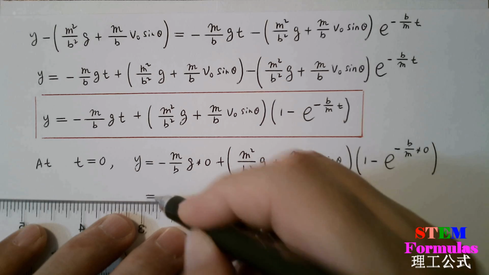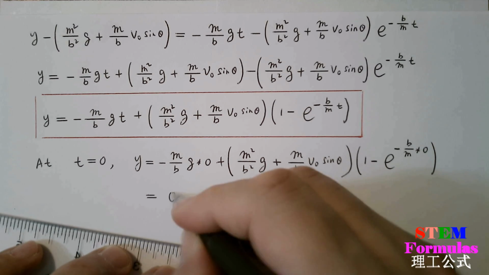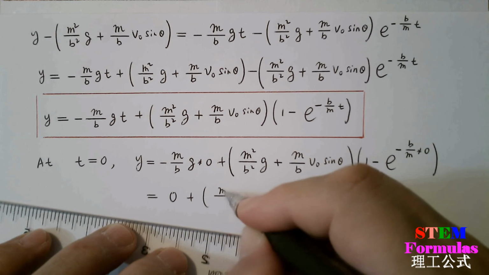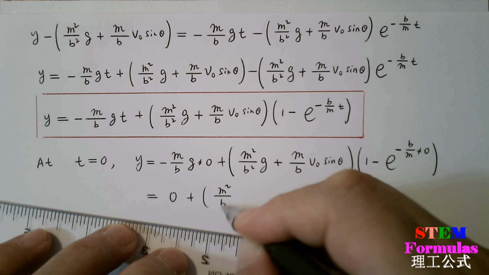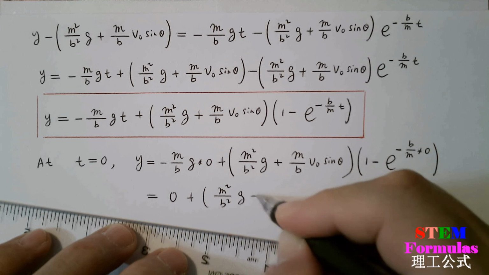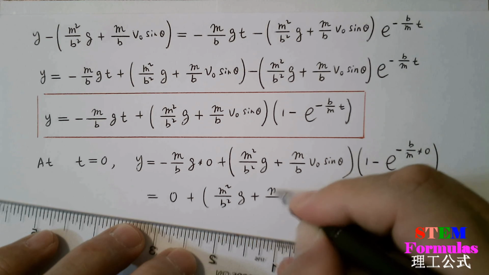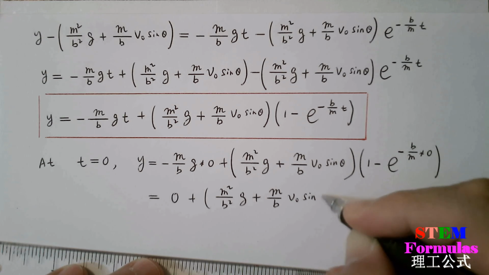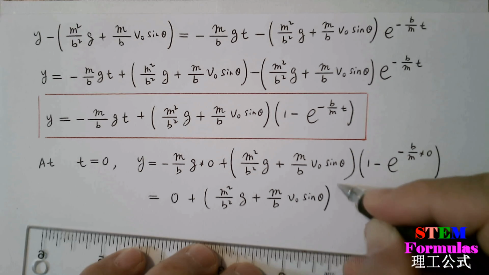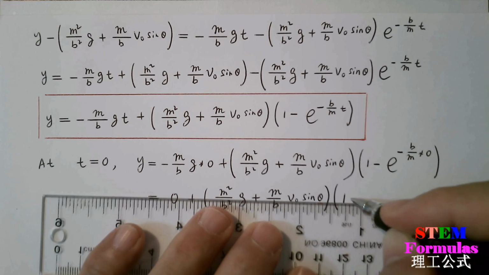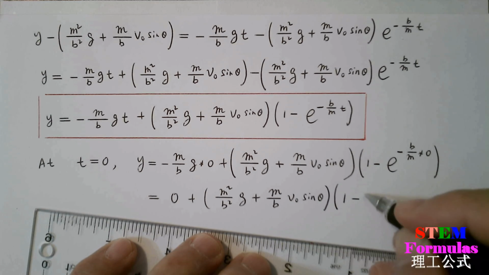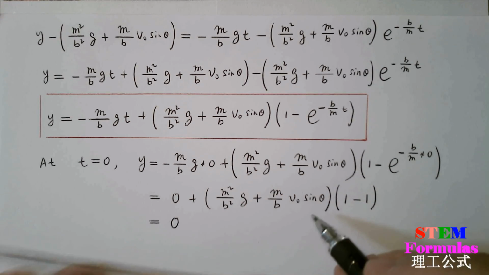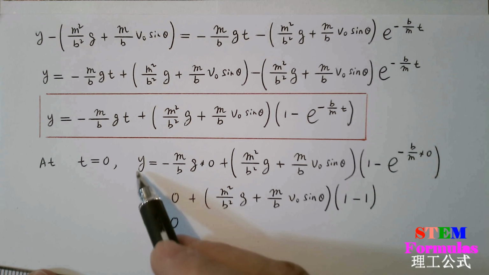So the first term is 0, and 1 minus e to the 0 is 1 minus 1, so I got 0. This is the initial condition for y equal to 0.